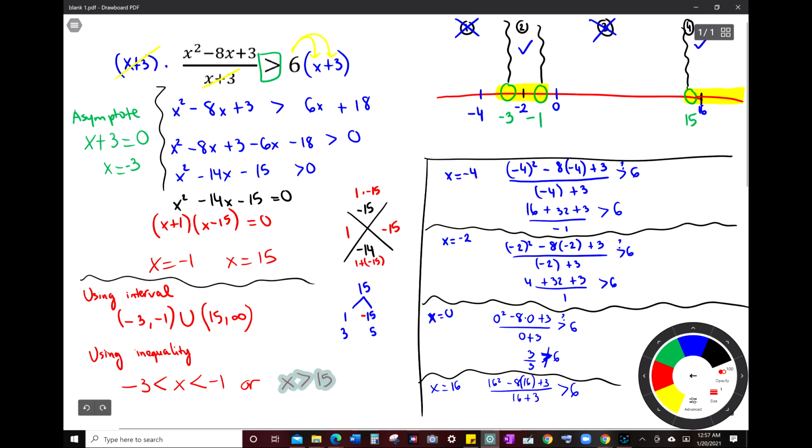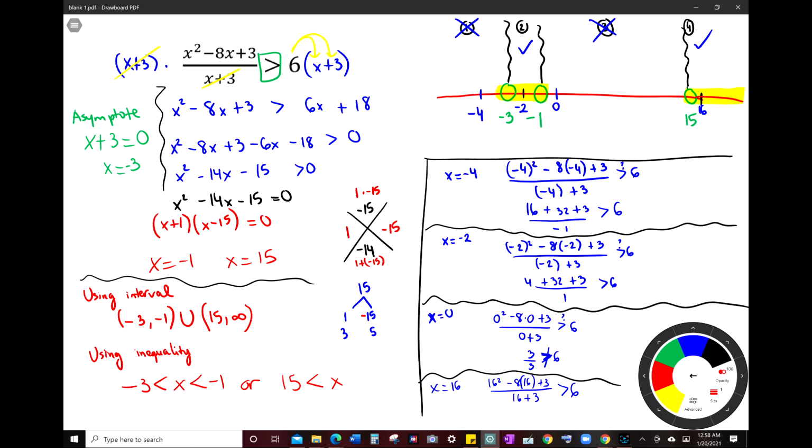Or you can do it the other way, which is 15 less than x. So if you do it this way, you will keep the order as least to greatest all the time. For interval, you have to keep the order as least to greatest. It is a must.